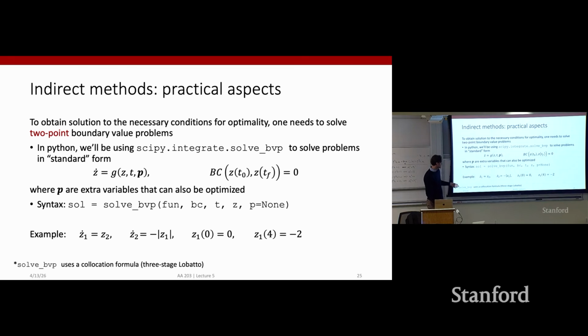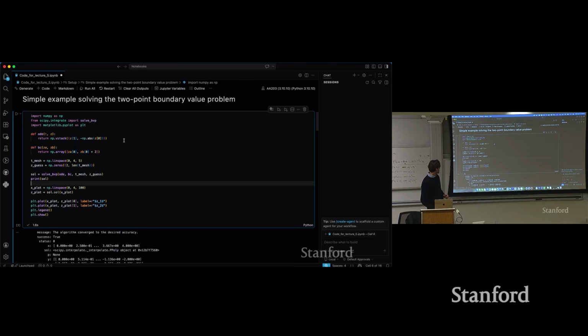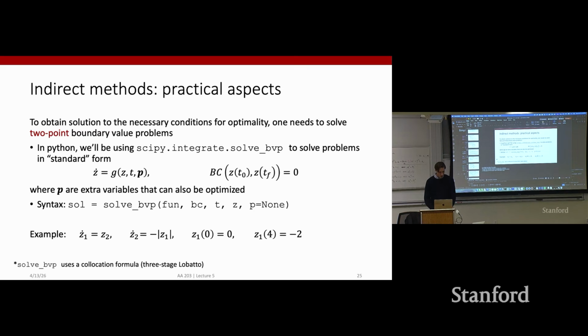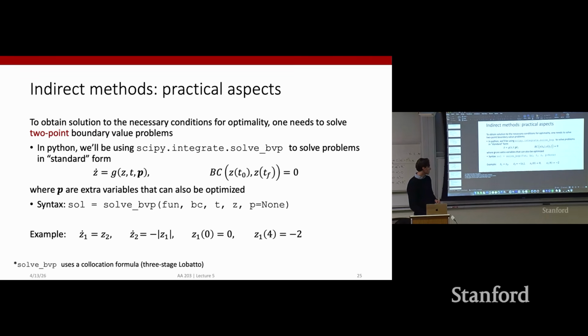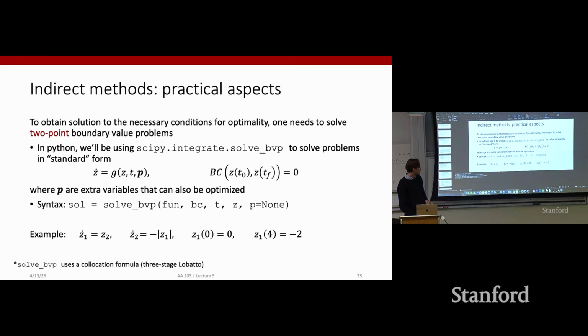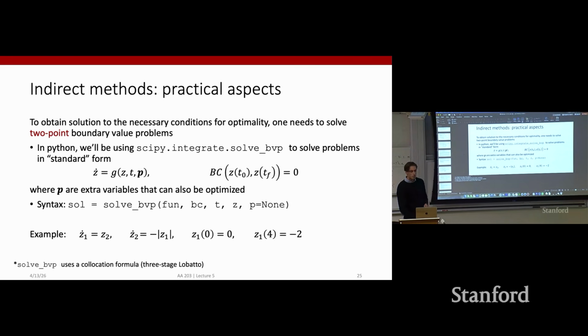To see this in practice, let's look at a simple example, like the one here on the slide. What these solvers usually take is this solve BVP, where we need to define, first of all, the functions, so our differential equations. In the example we're looking at, we have this system where Z1 dot equals Z2, and Z2 dot equals negative absolute value of Z1.